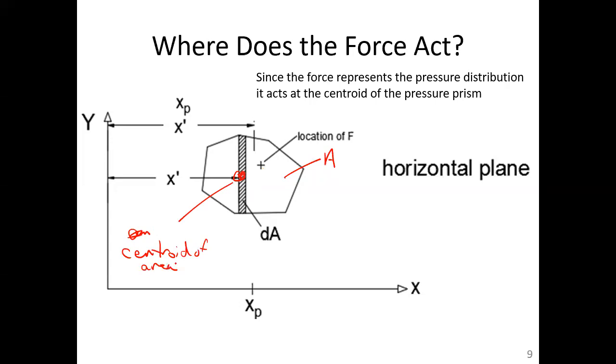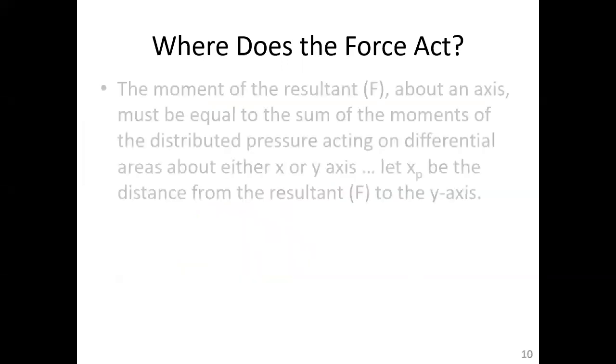And that centroid has some either X bar or Y bar locations to the center of area. And then if the force is acting over here, that center of pressure is XP away from the y-axis and YP away from the x-axis. So again, the center of pressure does not necessarily act at the center of area. Now in this case it should, because you have a uniform pressure distribution. That's what we should find out.